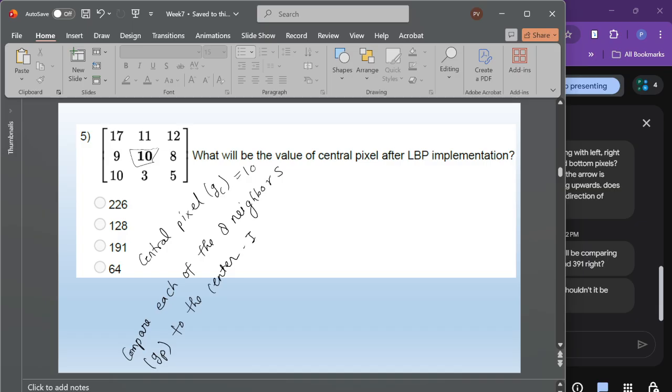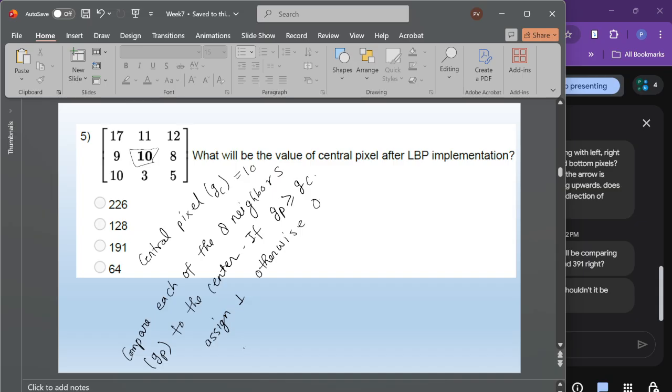And if GP is greater than or equal to GC, assign 1, otherwise 0. Okay. So now just check each pixel.